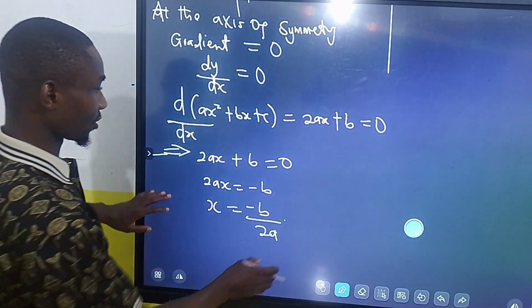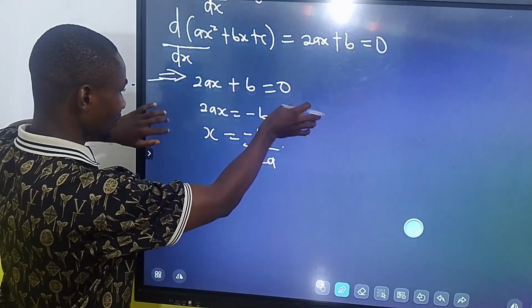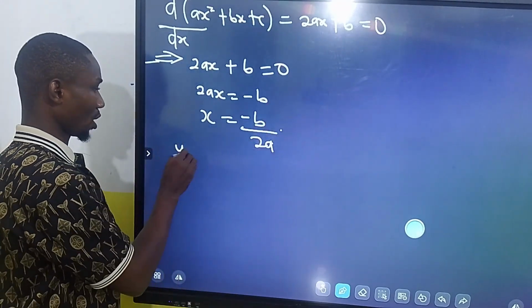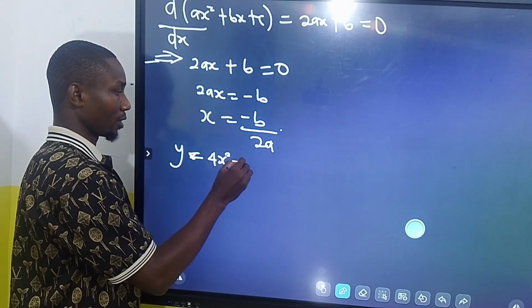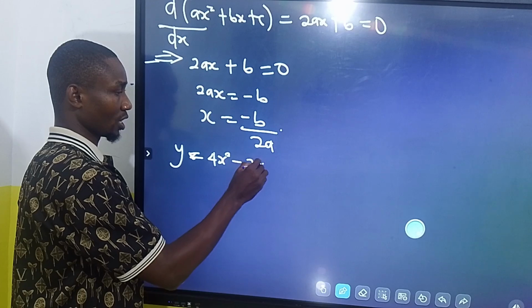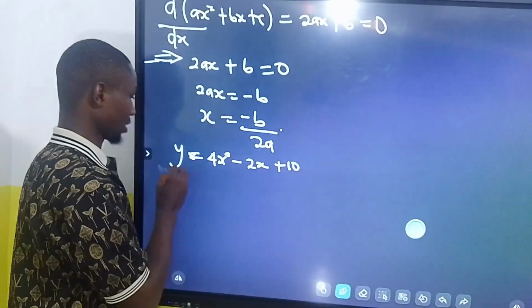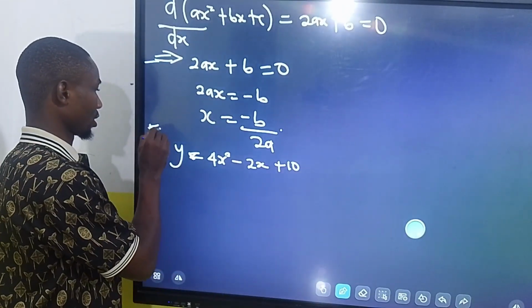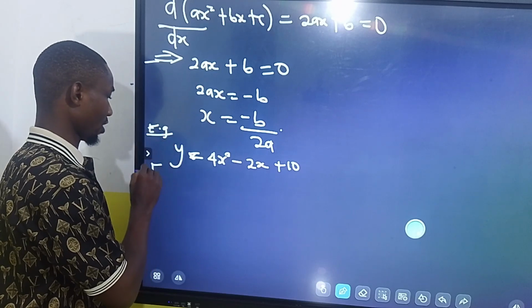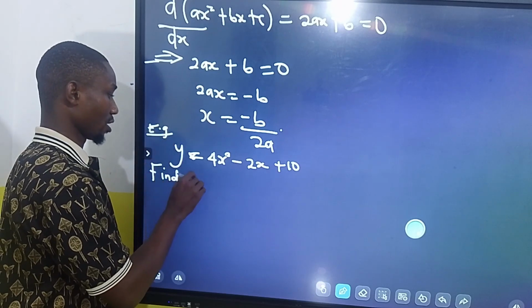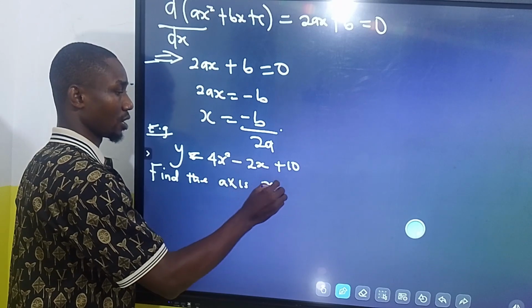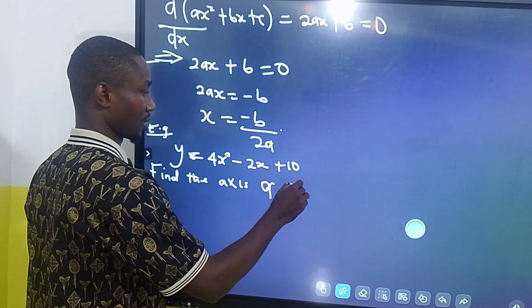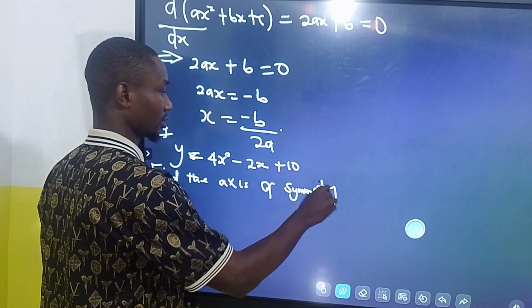Let's look at a real life example. If I have this quadratic equation, y is equal to 4x squared minus 2x plus 10, for example, find the axis of symmetry.